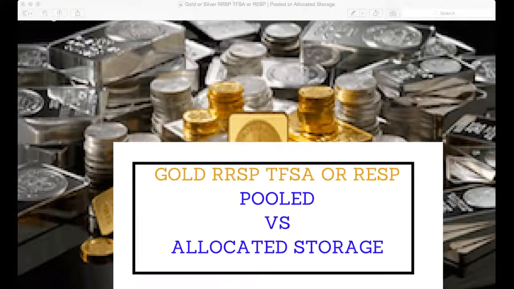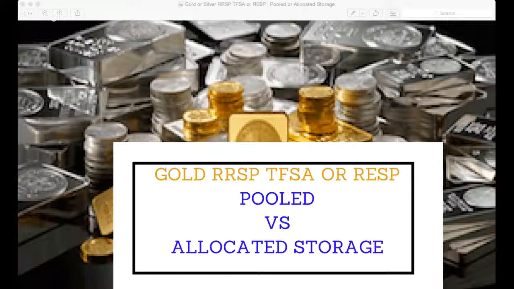So the slight difference here is that there is some commingling, but there's a distinction that there is a record of your name being allocated to a particular amount in physical storage.